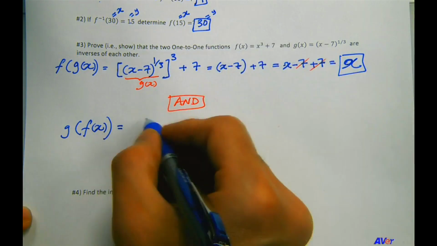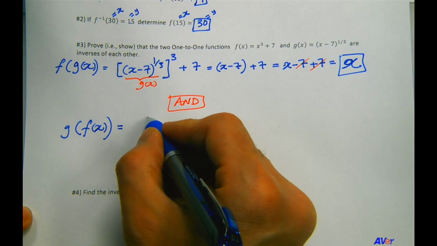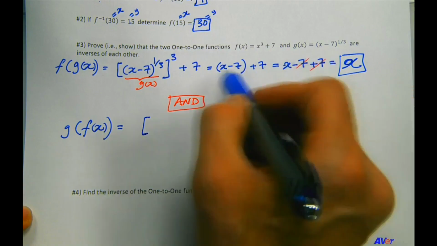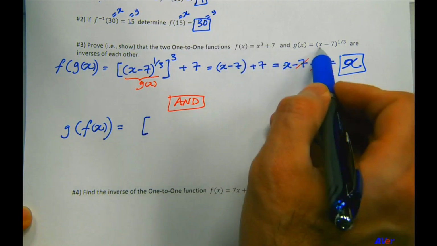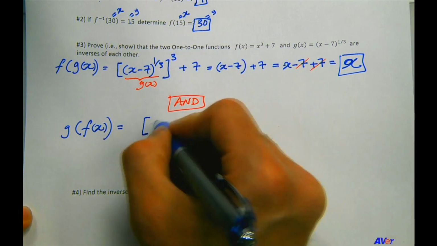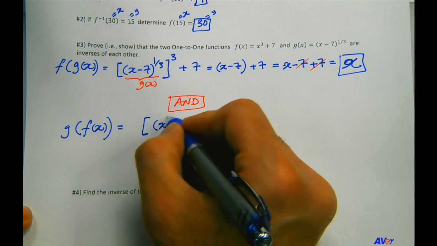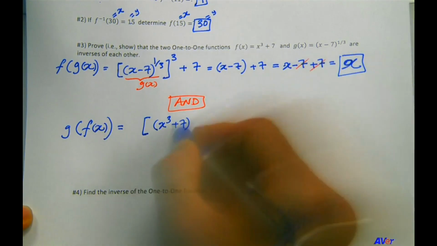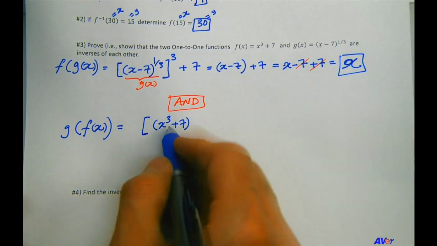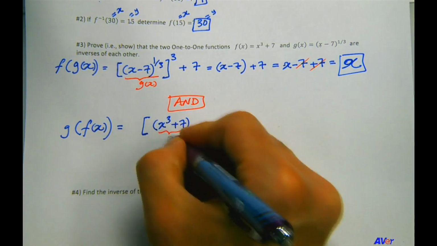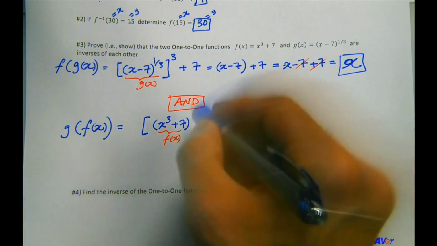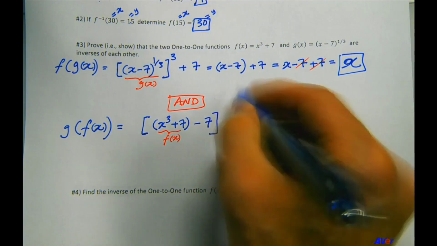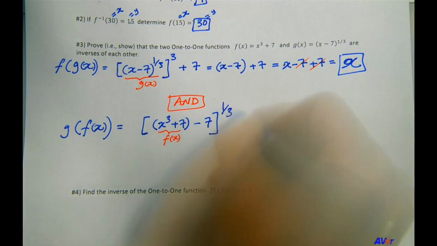So let's do that. I'm going to put a bracket here just to make it visually distinct when we substitute all of f in here. So we have parenthesis x cubed plus 7. x is gone. Instead, we have all of f of x, which replaced x, then minus 7, then close the bracket, and the power on the outside.